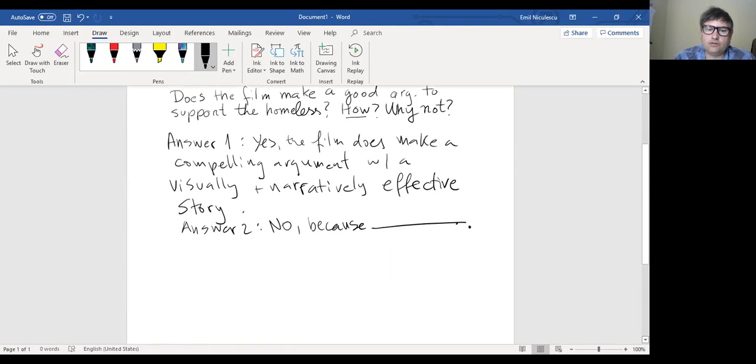So now if you answered yes, your whole paper is going to be about the support. How does the film make a compelling argument? What are the effective bits?